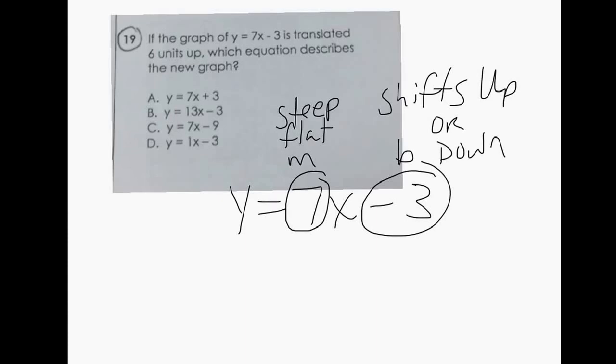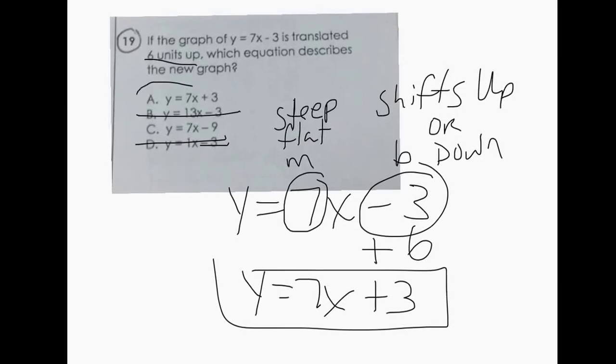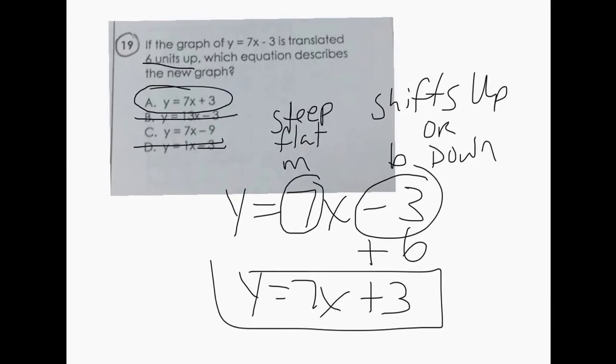So if we want to shift it up 6, that means we're going to add 6 to this number. We're going to leave this one alone, which gets rid of those 2. Negative 3 plus 6 is positive 3, so 7x plus 3 is the correct answer.